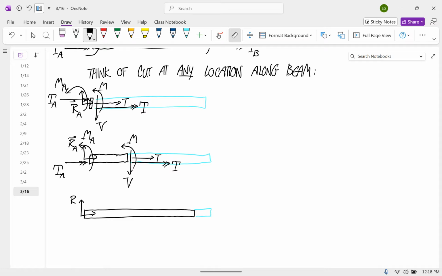So here we still have RA, MA, torque A, and then we have our internal loads T, V, M, and fancy T. Okay.